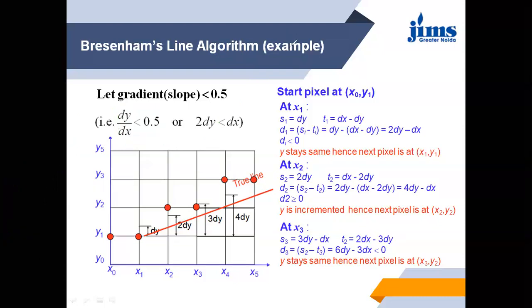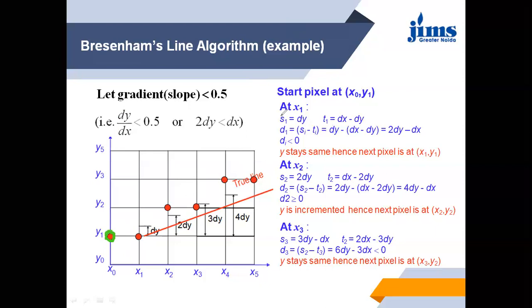So there are three cases. Suppose my starting point is x0, y1. This is the point I draw. I have to find out the next point.